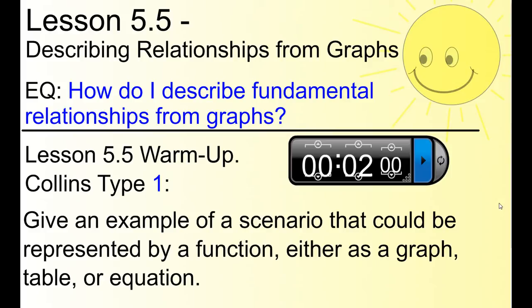Go ahead, pause the video, think of an example. As long as you give an example and you're mostly on topic, you're probably right. I'm not going to mark it wrong unless you're way off topic or you just don't answer the question. So pause the video. When you're ready to move on to the vocabulary, hit play. We'll move on together.